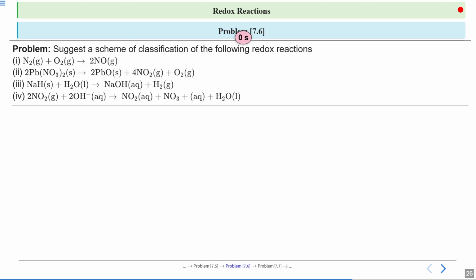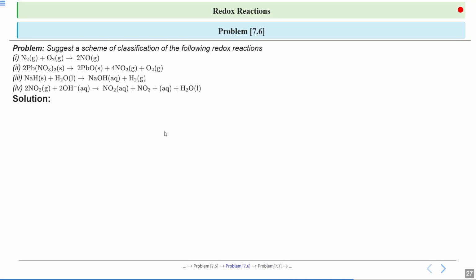So now let's look at the correct explanation in detail. The correct answers for the first, second, third and fourth would be as follows. In the first reaction, that is N2 plus O2 gives 2NO, we can clearly see that 2 reactants are present, and both exist in the elemental form, while in the product there is only one compound that is formed.